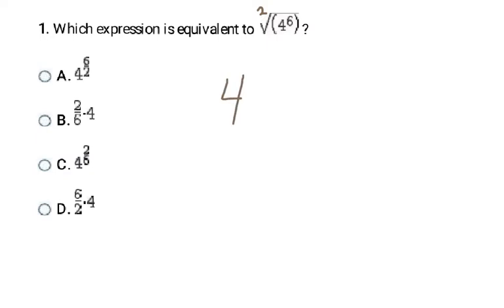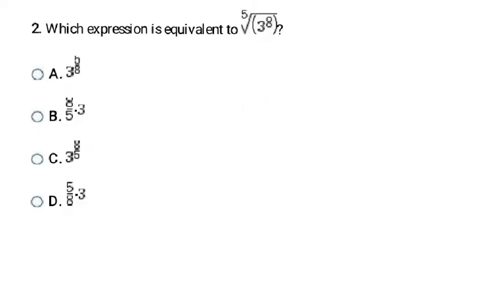Then I have a 6 as an exponent, so that's going to be the top of my fraction, and I have a 2 as an index, so that's the bottom of my fractional exponent. You could simplify that 6 over 2 to just 4 to the third power. However, looking at my answers, this is where they stop. They don't simplify it any further, and my answer is A.